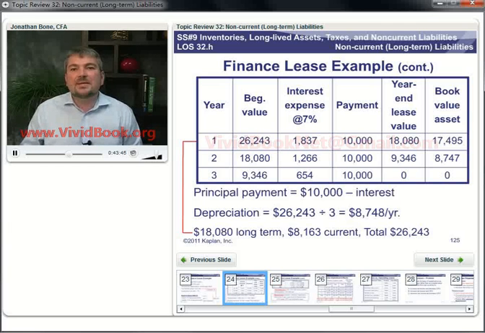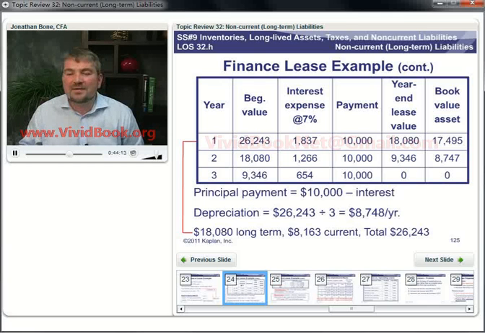So the interest element's going to hit our income statement, giving us a bigger interest. The principal payment of 8,163 is going to reduce your liability in the balance sheet. So our liability in the balance sheet is going to fall by 8,163, so 26,243 minus 8,163, our liability at the end of the year is 18,080.